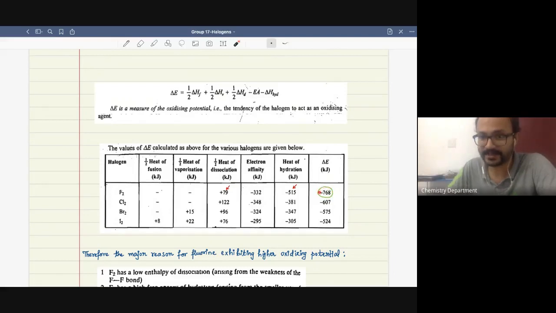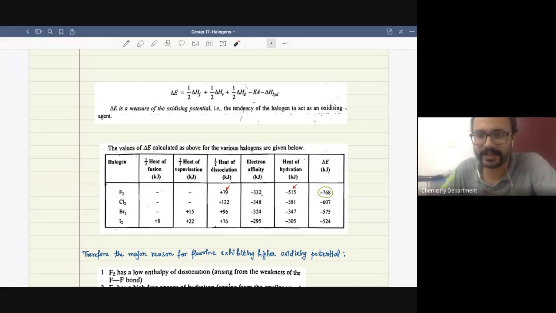And that is because of its high enthalpy change that is occurring when it accepts the electron to go into its aqueous ionic state. Okay, now you have to think why there is a high value for the delta E in the case of fluorine. If we would like to look from this table, find out a reason for it.